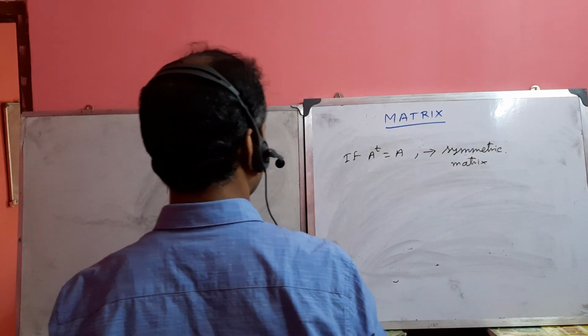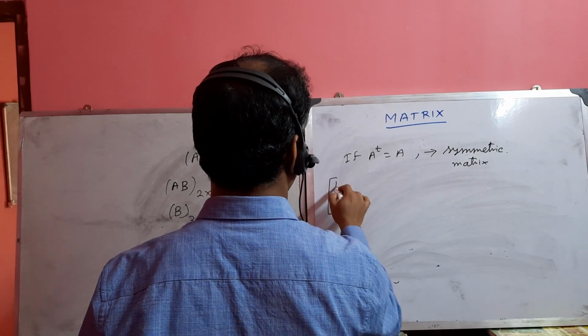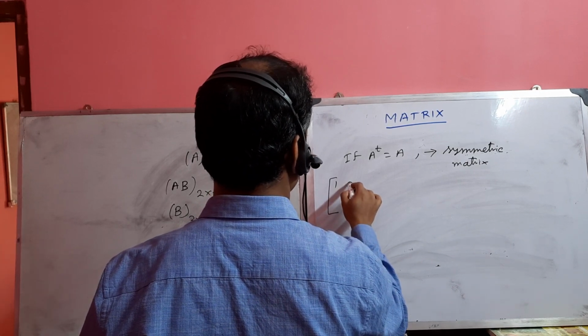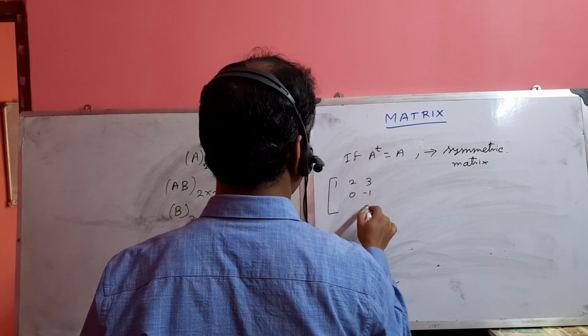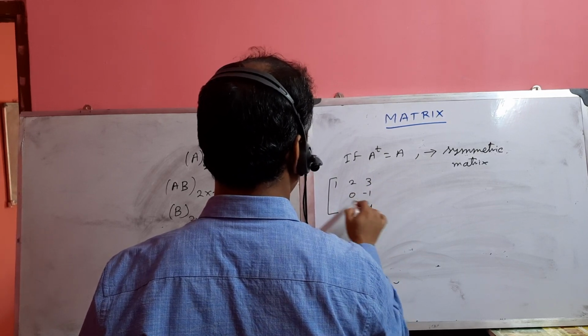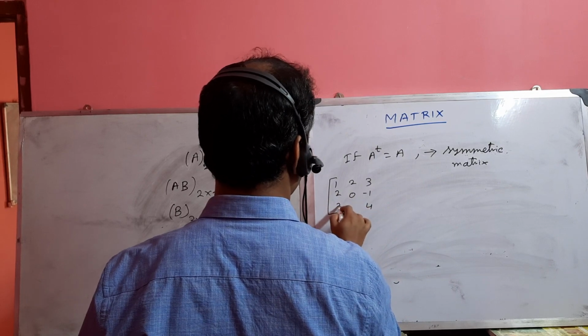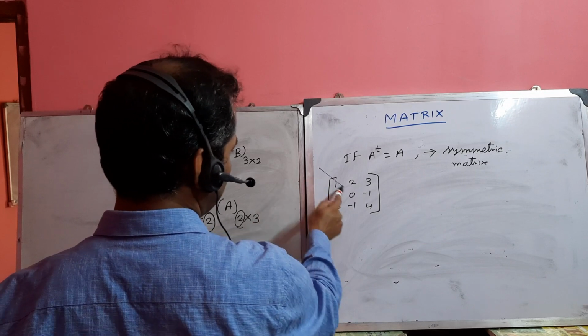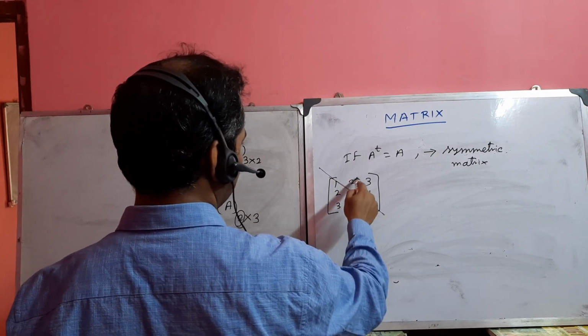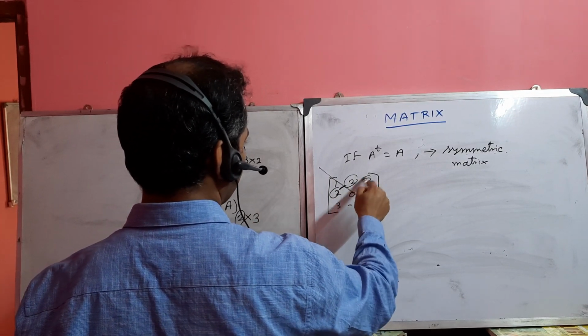As for example, 1, 2, 3, 2, 0, minus 1, 3, minus 1, 4. Now you see that about the principal diagonal, the elements are the same, just like a mirror image.